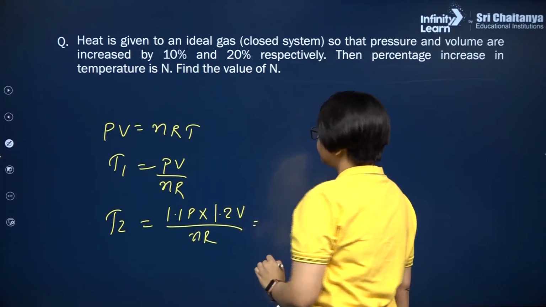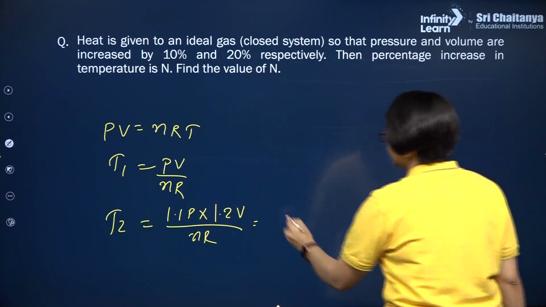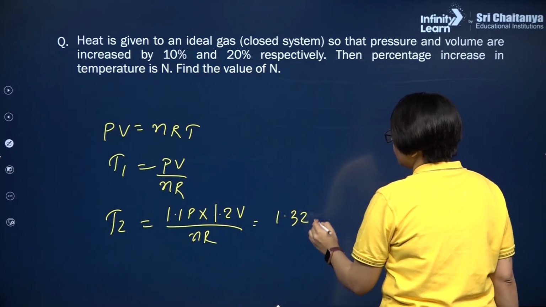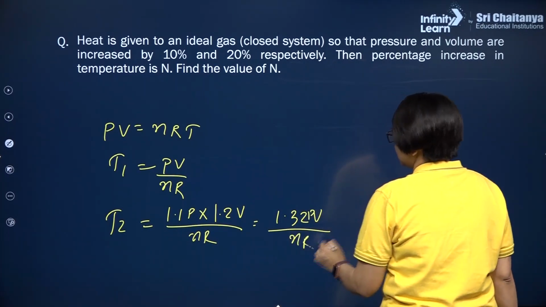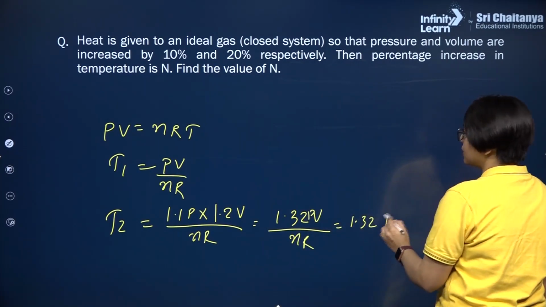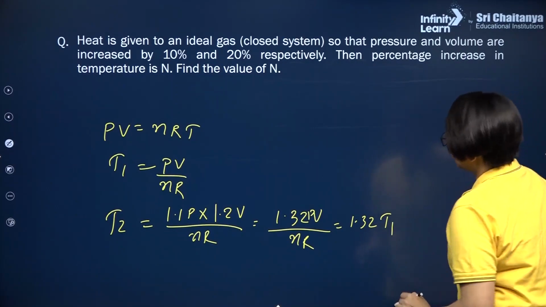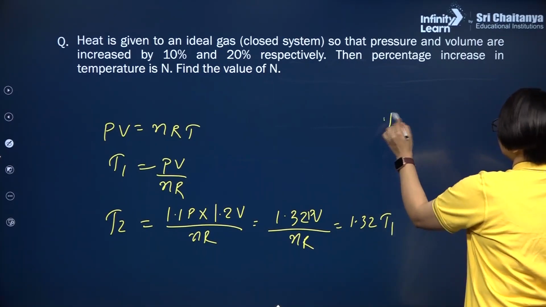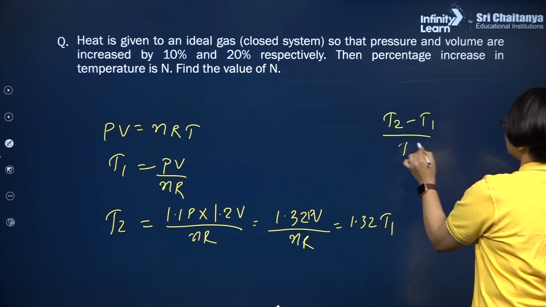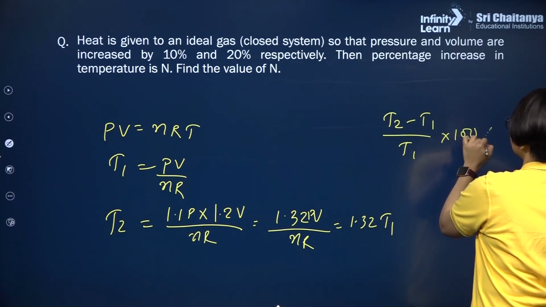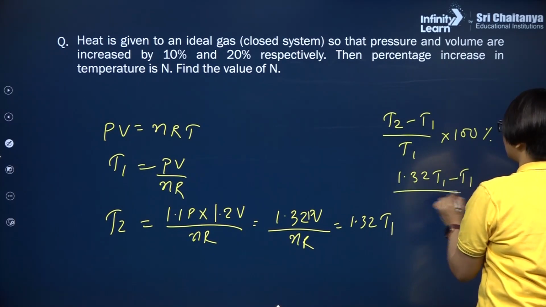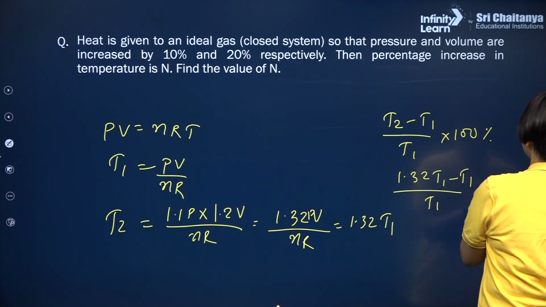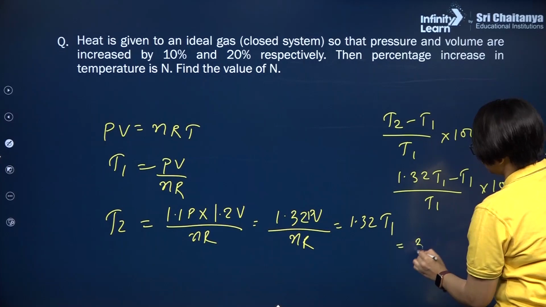So it is 1.32 PV divided by nR. So basically this is 1.32 times T1, right? So the increase in temperature will be (T2 minus T1) divided by T1 into 100%. So this will be (1.32 T1 minus T1) divided by T1 into 100%, right? So this will be 32%.